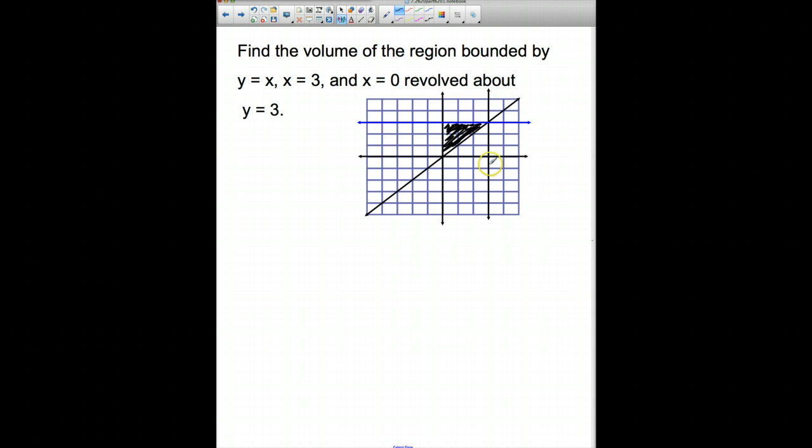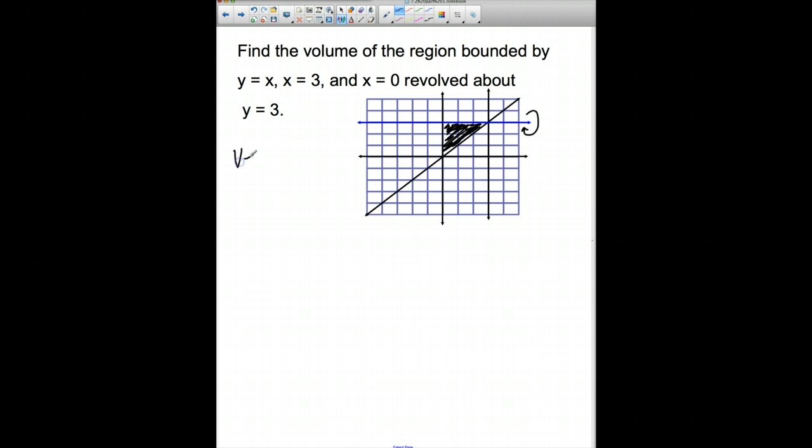Essentially, this x equals 3 line isn't important in this example. And we're revolving it around the line y equals 3. So the x equals 3 line didn't matter in this example.